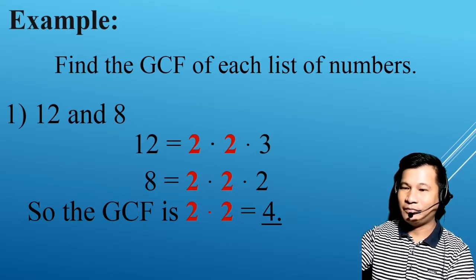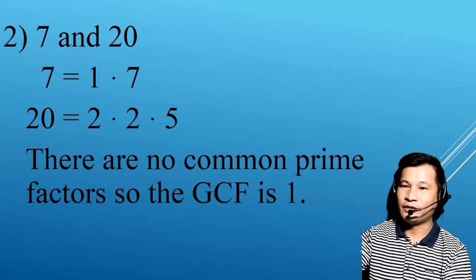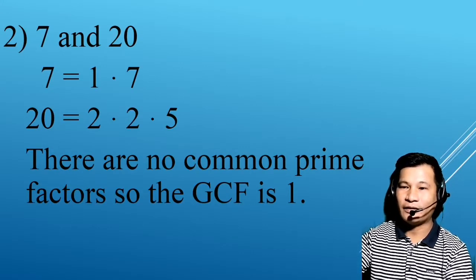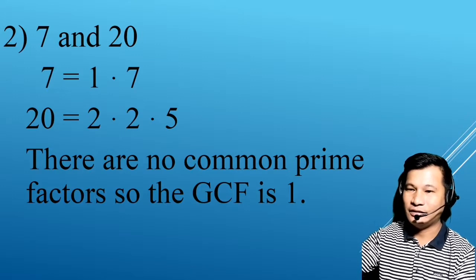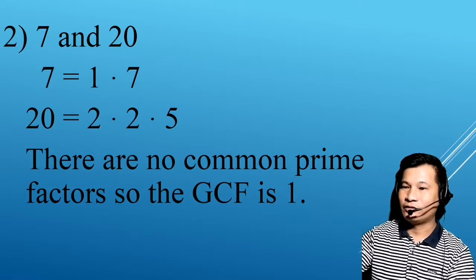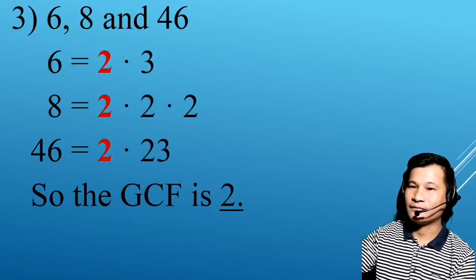So the GCF or greatest common factor is 2 times 2 equals 4. For number 2, 7 and 20, factors of 7 are 1 times 7, while 20 are 2 times 2 times 5. So there are no common prime factors, so the GCF is 1.